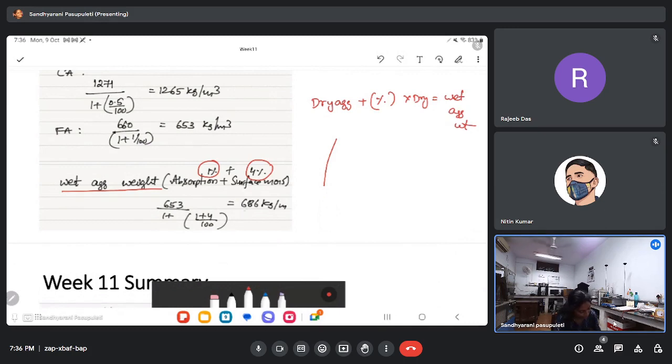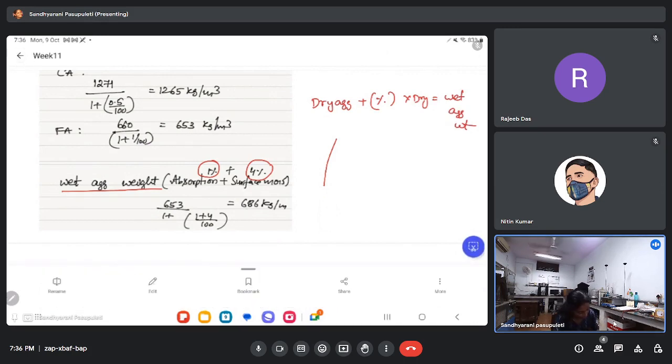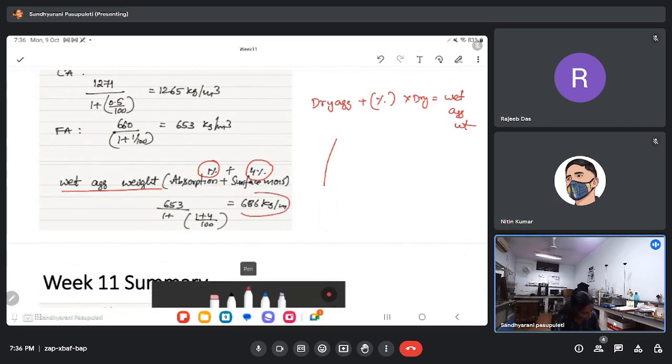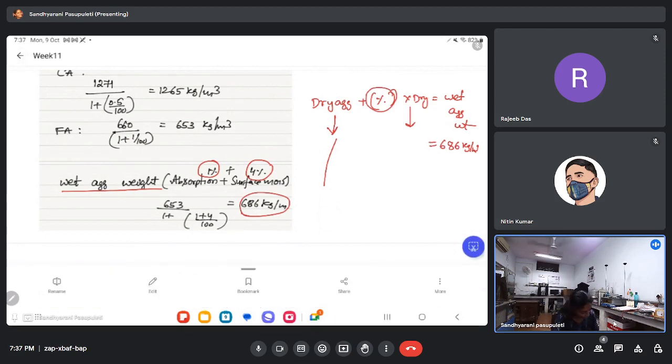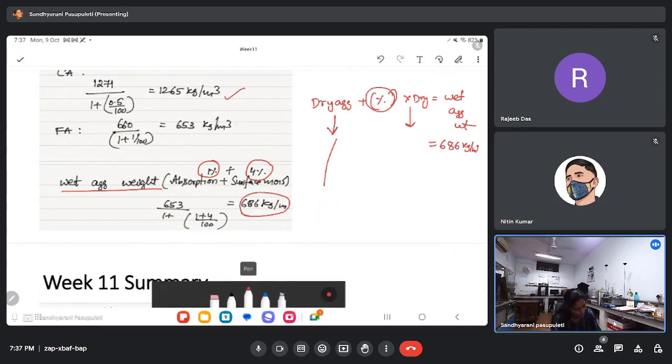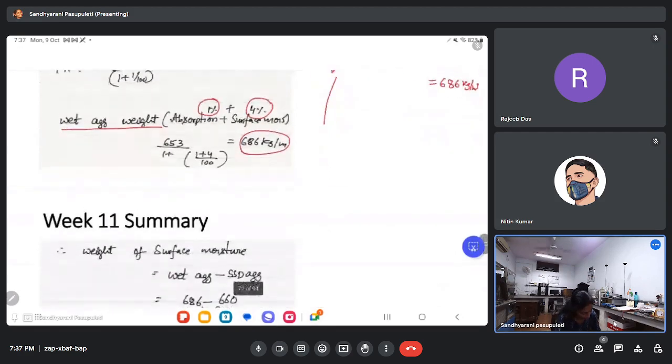Let us say previously what we got for coarse aggregate is 686. So you will calculate 686 kg per meter cube, and this percentage, the 1% plus 4%, then you have to calculate the dry aggregates. In the similar way in the previous problem, I calculated using the same formula. This is the coarse and fine aggregate.